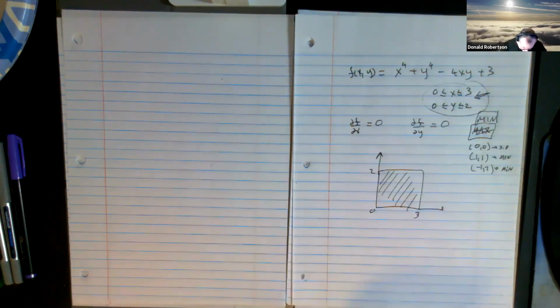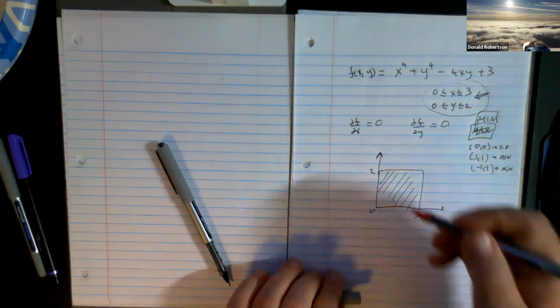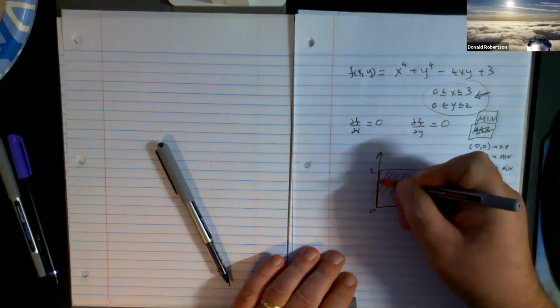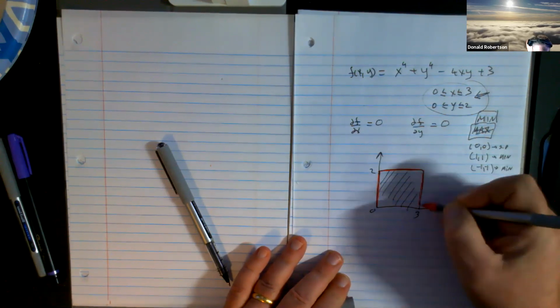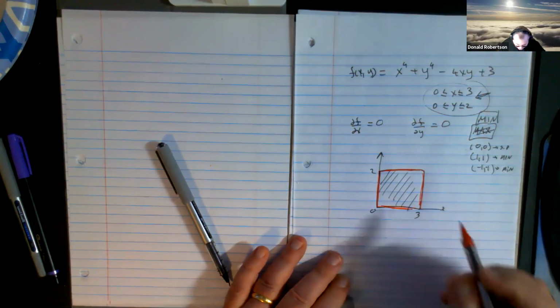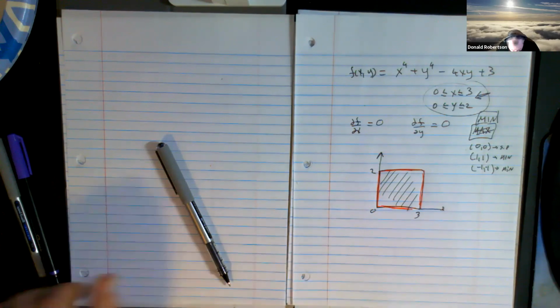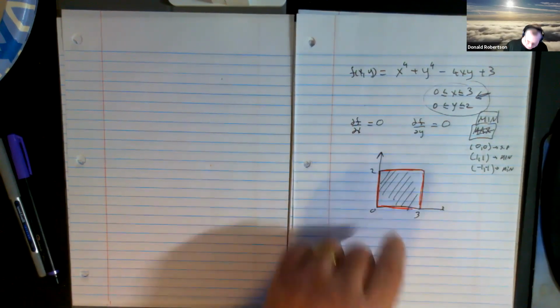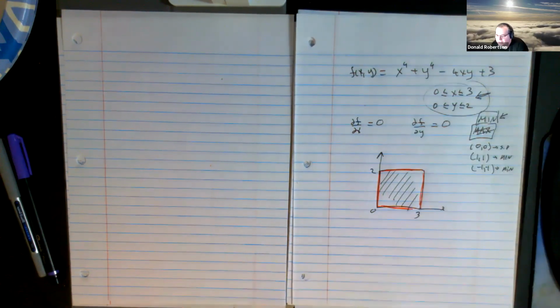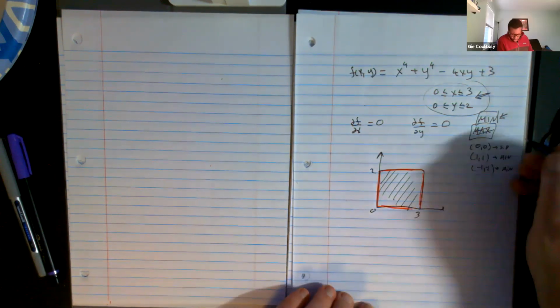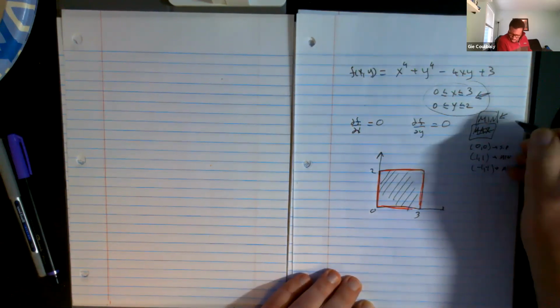So what I'm going to do is look at what is happening on the boundaries, and see is there any place on that boundary where you would hit a maximum? In other words, a number that is bigger than whatever that guy is. What number was your minimum? I had one.